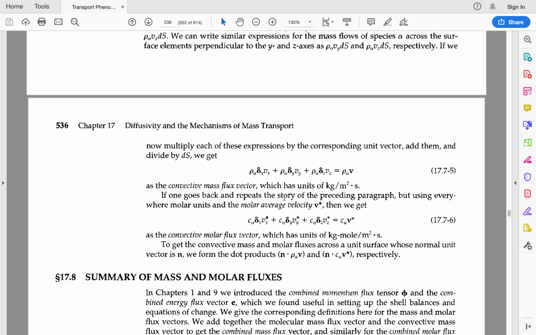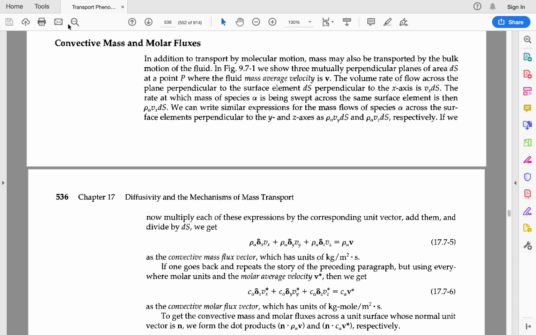So if we multiply it, the convective mass flux is equal to rho_alpha multiplied with its velocity. This is called the convective mass flux vector, which has units of kilogram per square meter per second.